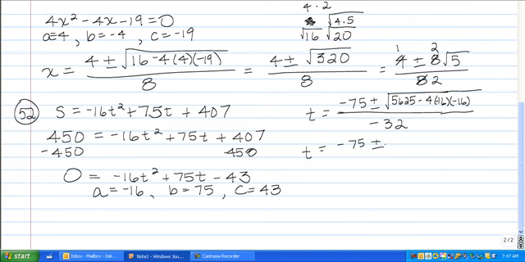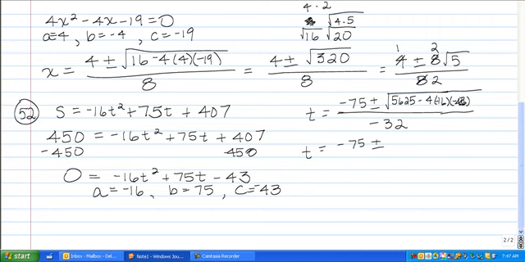So let's see what this mess is. Minus 4 times negative 16 times negative 16. Wait a minute, that should be a negative 43, not a negative 16. Minus 4 times a times c.